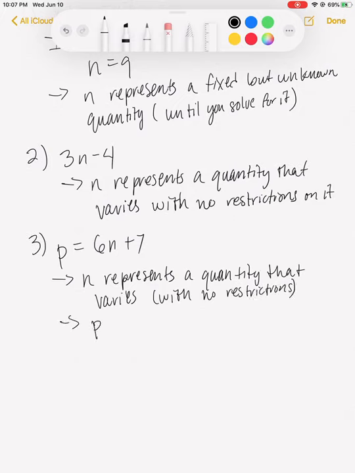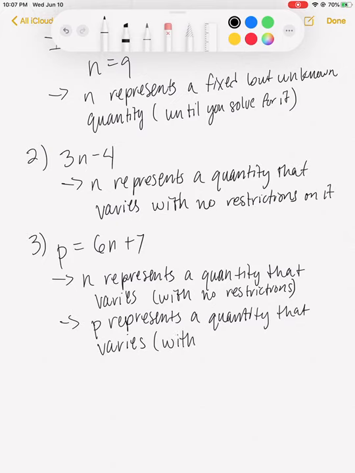The other variable in here is p, and p represents a quantity that varies as well. Okay, p is not fixed and unknown. Now its restriction depends on what n is.